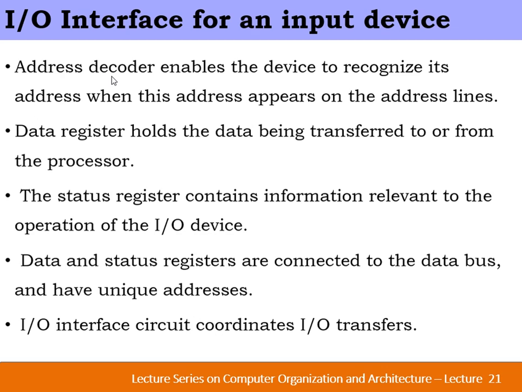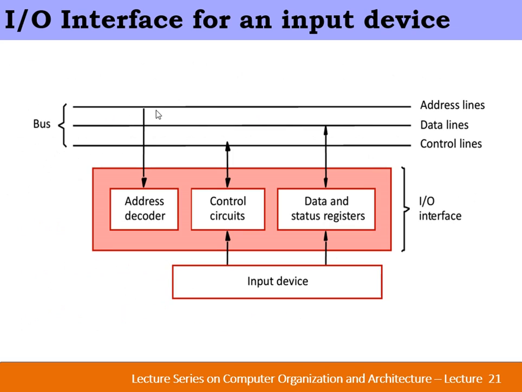So what is this address decoder? The address decoder is going to enable the device to recognize its address when the address appears on the address lines. So no doubt this address line is going to carry the address of the IO device. That information will be received by the address decoder relevant to that particular IO device.